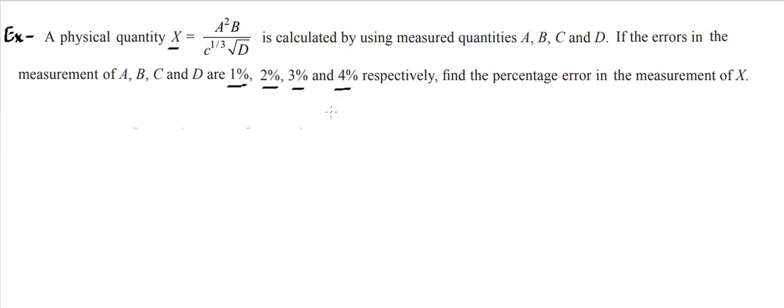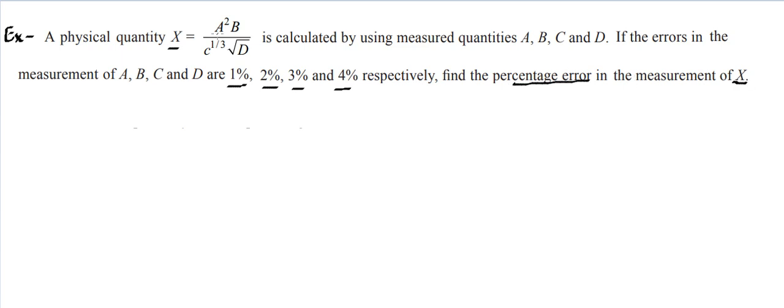So measurement of d has the highest amount of error, whereas the measurement of a has the least amount of error. Anyway, let's go ahead and see what the question is demanding. It's demanding that we find the percentage error in the measurement of x.